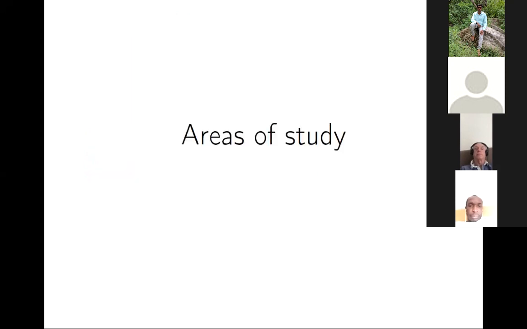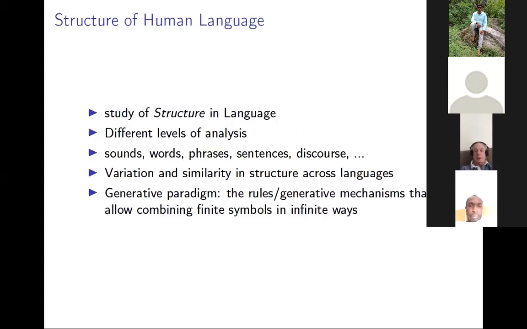Okay, so with these definitions out of our way, let's look at some of the major areas of study in linguistics. So one major area of study is the structure of human language. So what do you mean by structure? Human language especially is a very complex organization.